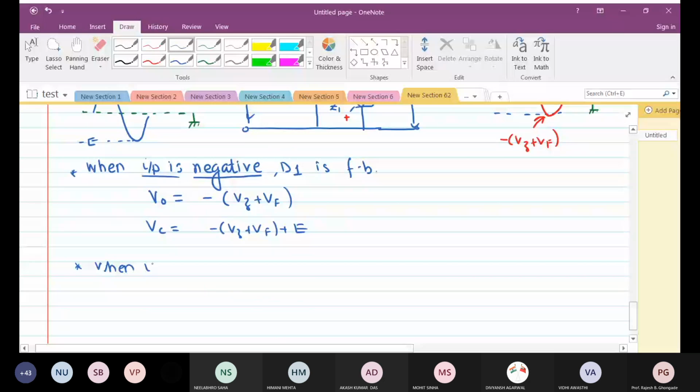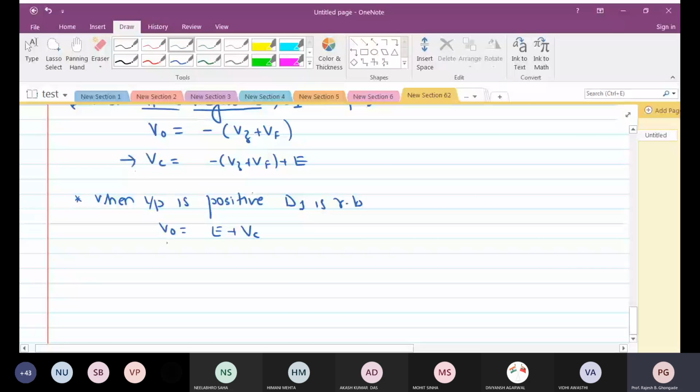When input is positive, D1 is reverse biased, and the output voltage is E plus the voltage across the capacitor. We have already found out the capacitor voltage. So this turns out to be E minus Vz plus Vf plus E. That gives me 2 times E minus Vz plus Vf.